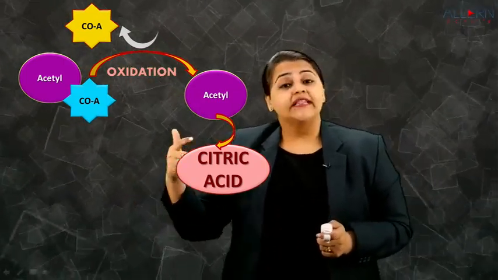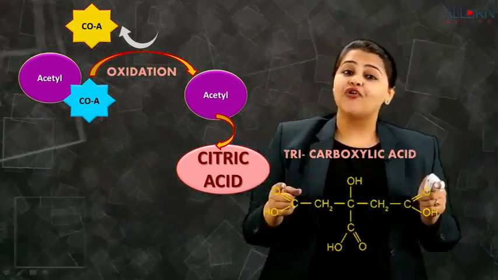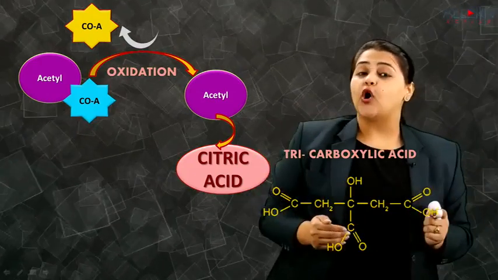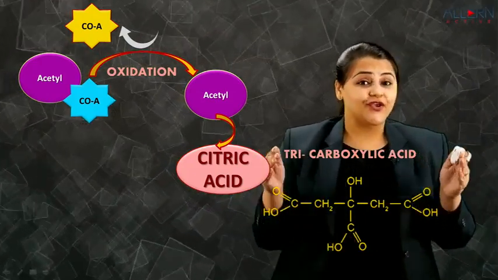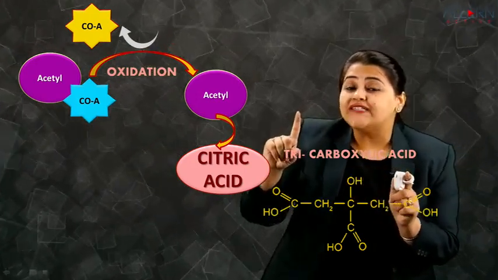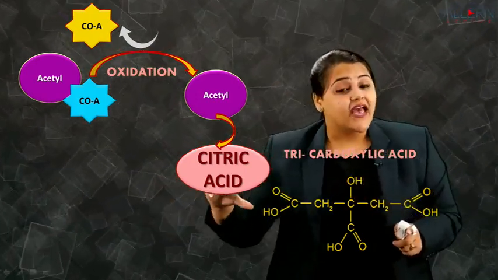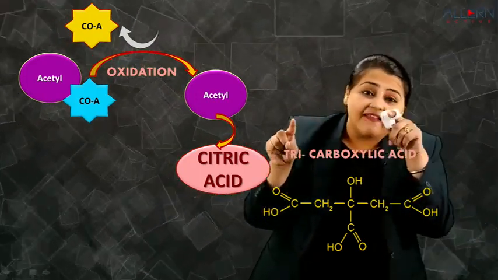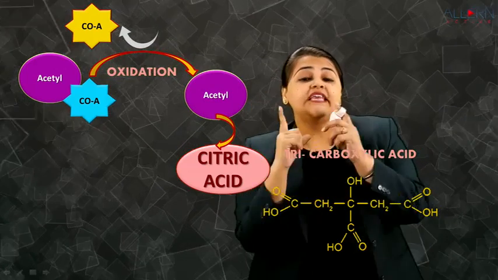Now, citric acid being the first ever stable product of the Krebs cycle, this is also called tricarboxylic acid. Now the question is, why is it called tricarboxylic acid? And for that, we have the figure. We know the word carboxylic acid means carbon with a double bond to oxygen and another bond with an OH. It means COOH.